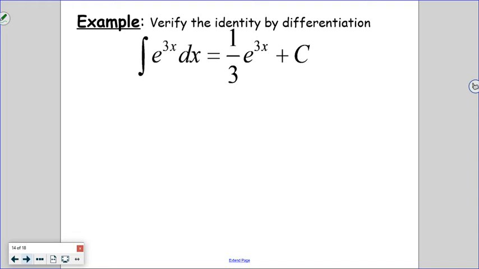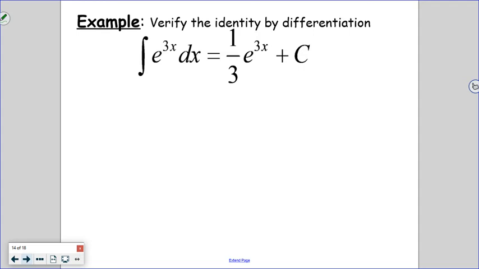Okay, this example is in here for a very small part and not something we focus a lot on, but I just want to point out the directions. There are two very important pieces to the direction, and it says verify, which means a lot to us. Verify the identity, and then it says by differentiation. First of all, when it says verify, they are telling us the problem and the answer. What we are tasked with is showing that that's true, okay?